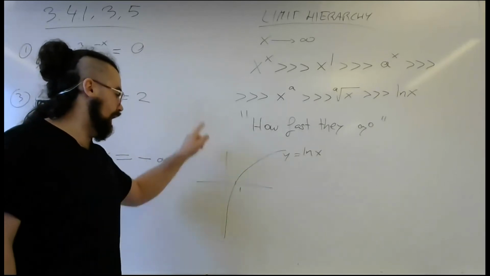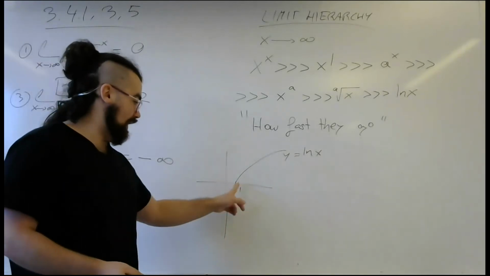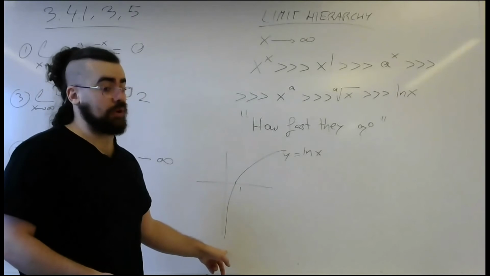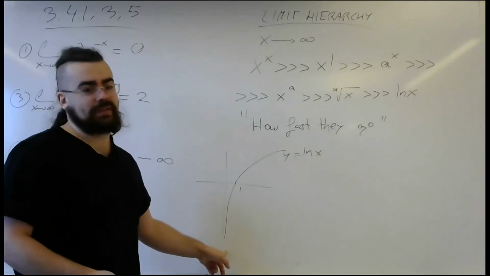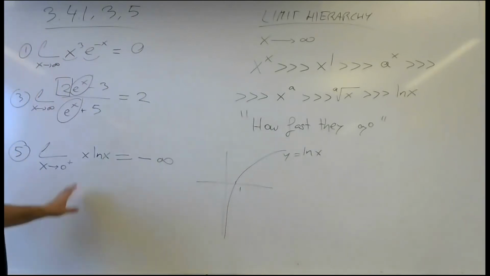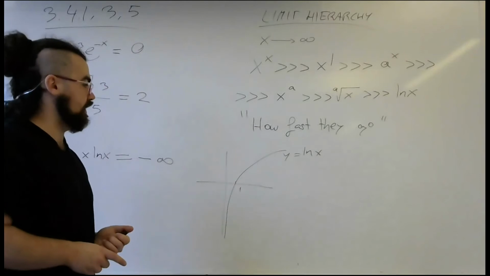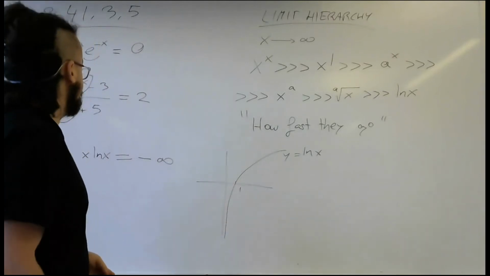The vertical axis serves as a vertical asymptote, but this growth here is exponential, so it's pretty fast. It goes to minus infinity so fast that the x doesn't know what to do, and so it's the logarithm that rules.